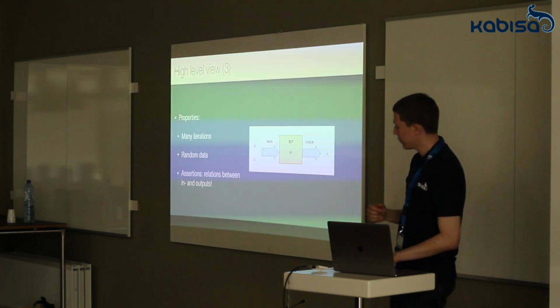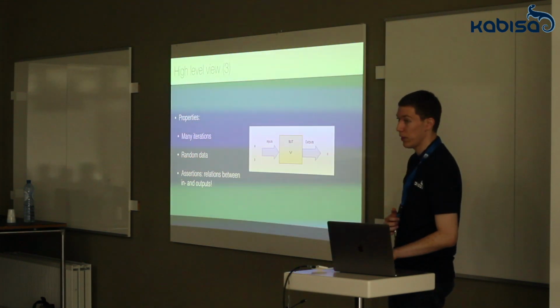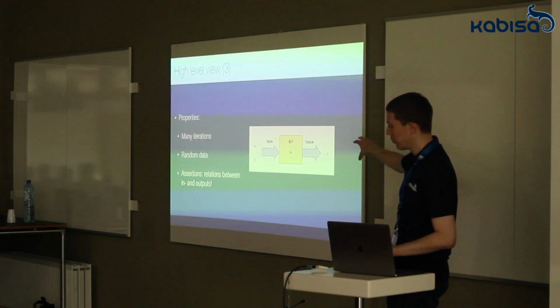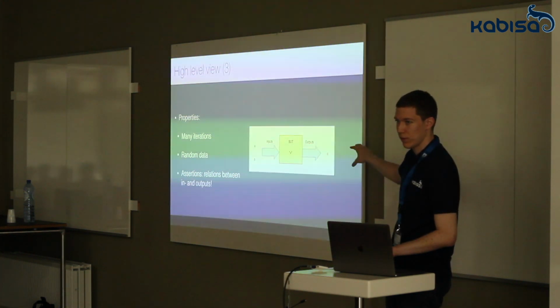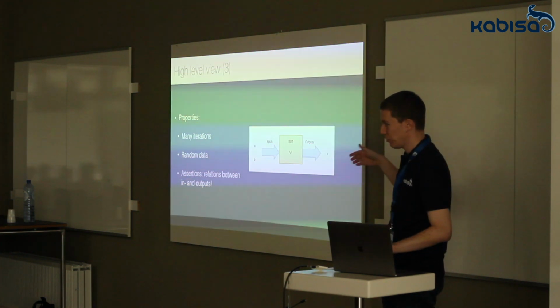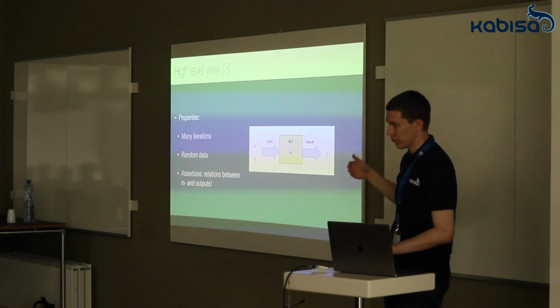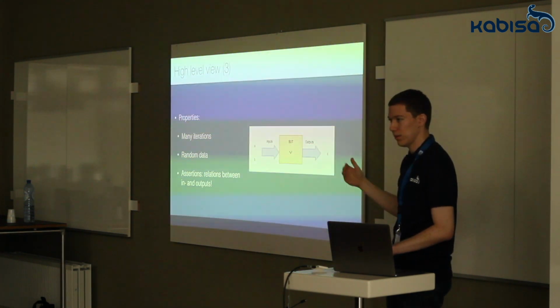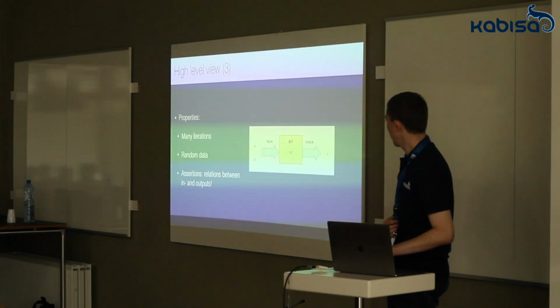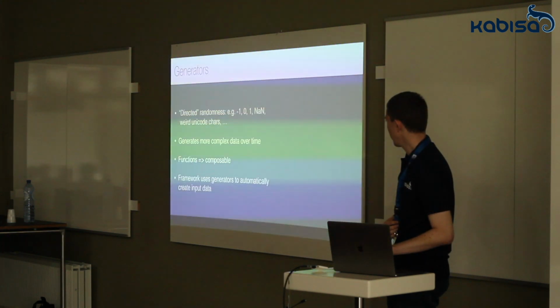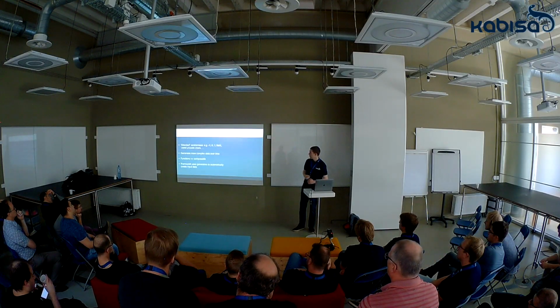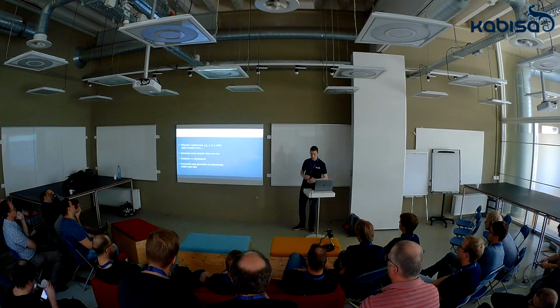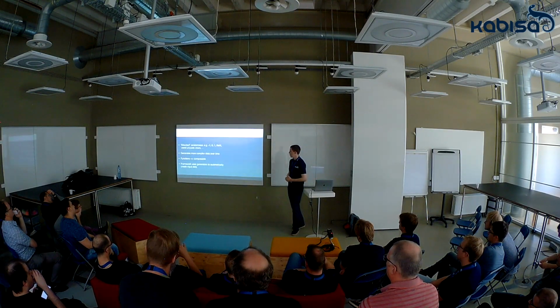And this is what makes property-based testing so powerful. If you can describe your system in this kind of way, then you can keep on generating values for your system and keep on checking, is it always correct?